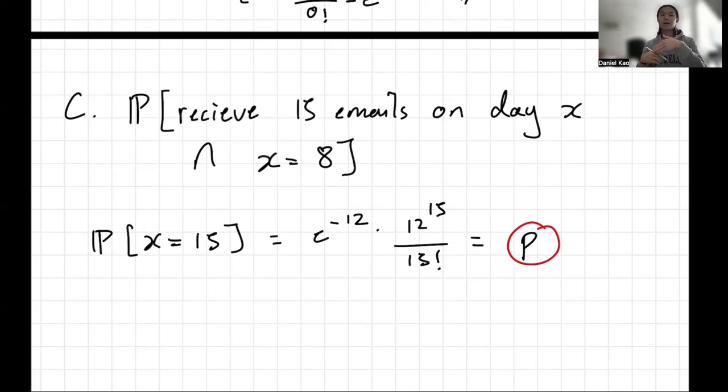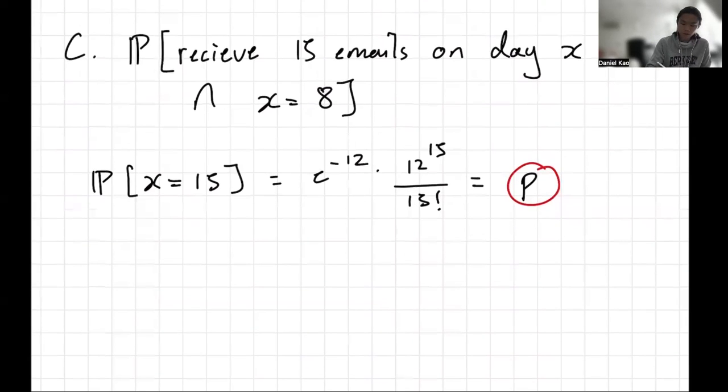So this distribution of failing a number of times and then succeeding the last time should remind you of the geometric distribution. And that's exactly what this is.